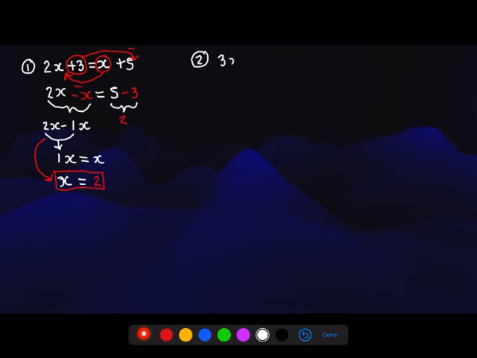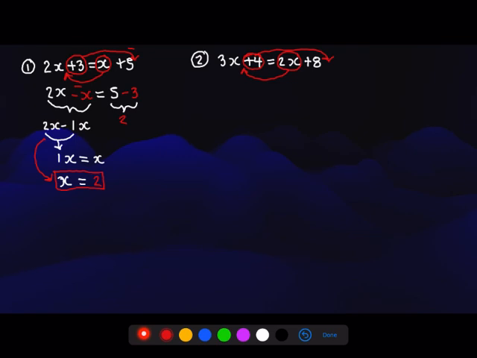Question number 2 is going to be 3x plus 4 equals 2x minus 8. So we're going to solve this by first doing, we have to move 2x to the side where there are arrows pointing, to the side where there's 3x.